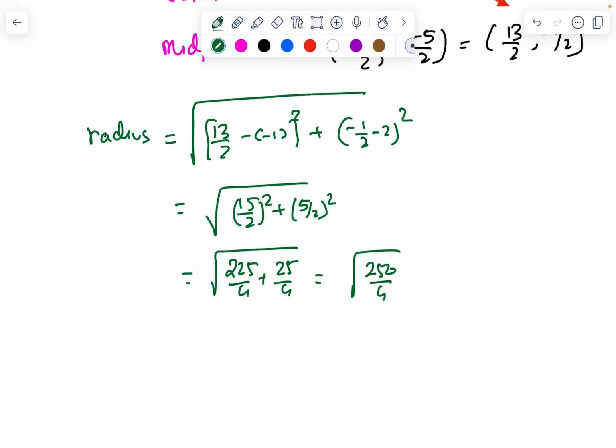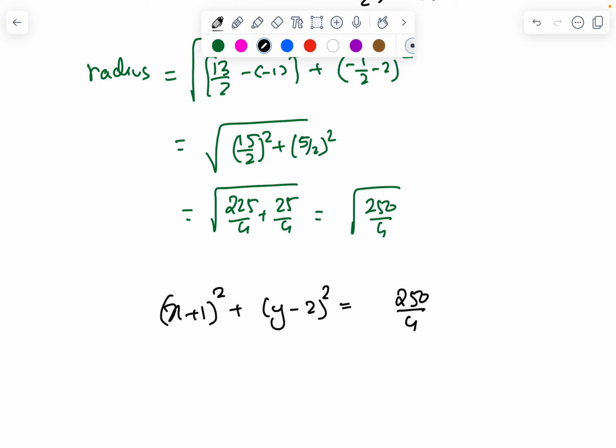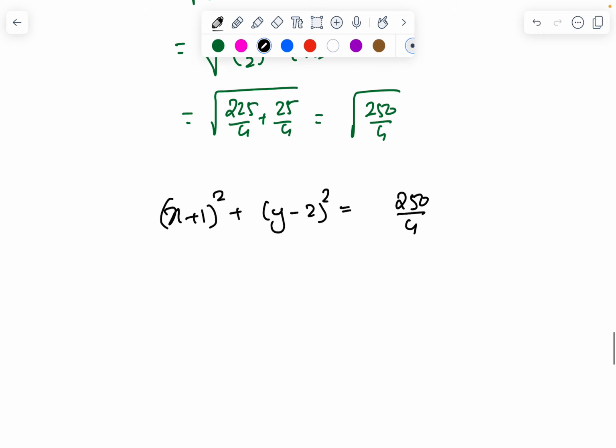So that's going to be the radius. So what will be the equation of a circle? The same center, (x plus 1) whole square plus (y minus 2) whole square equals 250 upon 4. So that's going to be the answer. Or else we can further simplify it. 250 upon 4 can be written as 125 upon 2.